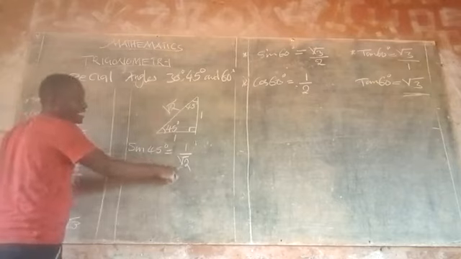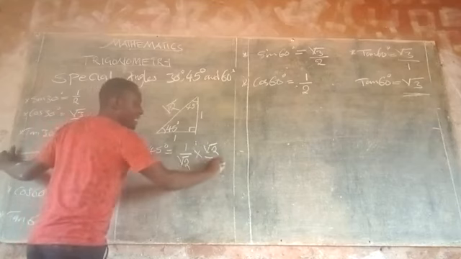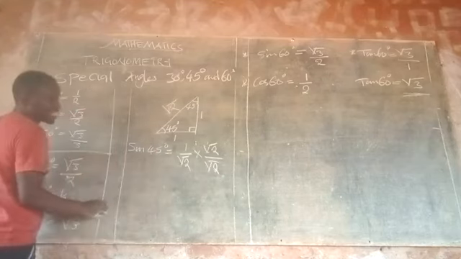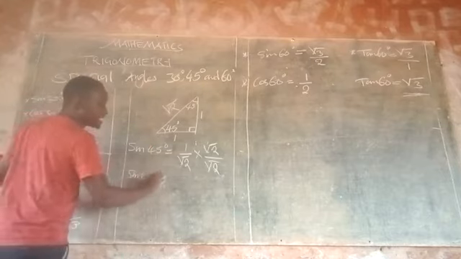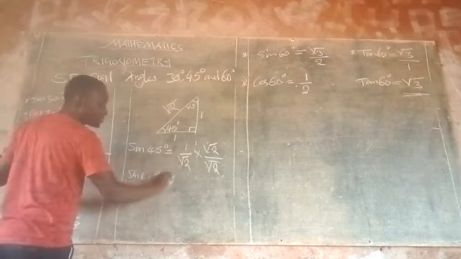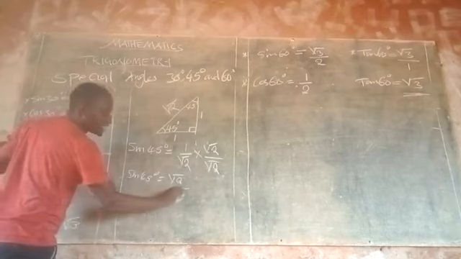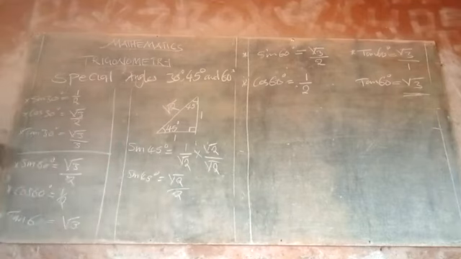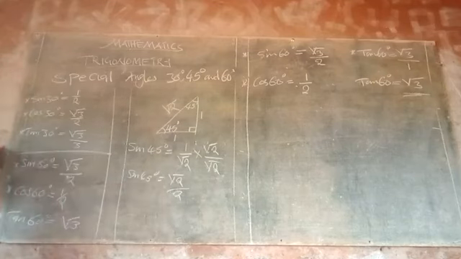Rationalize the denominator. You are going to have root of 2 divided by root of 2. So sine 45 degrees is equal to 1 times root of 2, you get root of 2, divided by root of 2 times root of 2, you get 2. This is the value of sine 45 degrees.